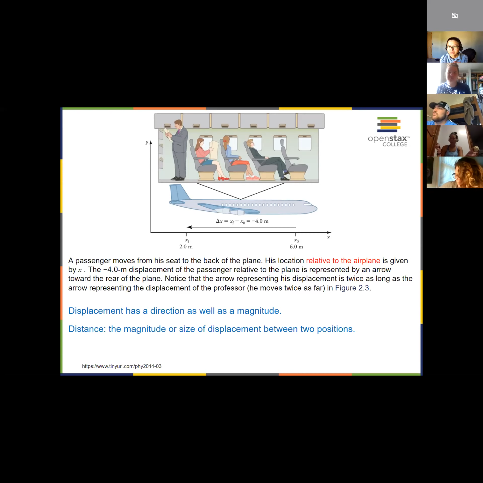For some quantities you can just use magnitude, say a certain number of meters or kilograms. And for some quantities you need magnitude as well as direction, just like displacement.